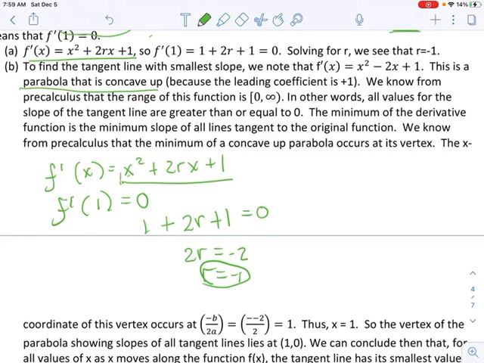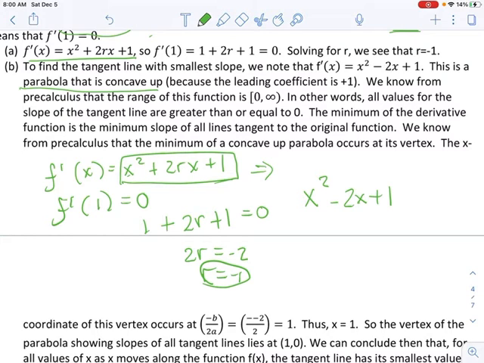So notice that this derivative is a parabola. It's a concave up parabola, x squared plus, now that we put the r in here, that's going to become x squared minus 2x plus 1.